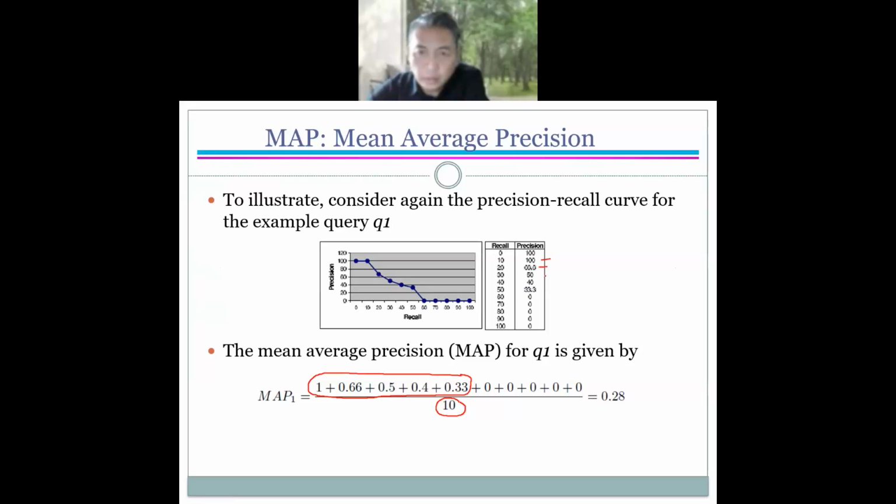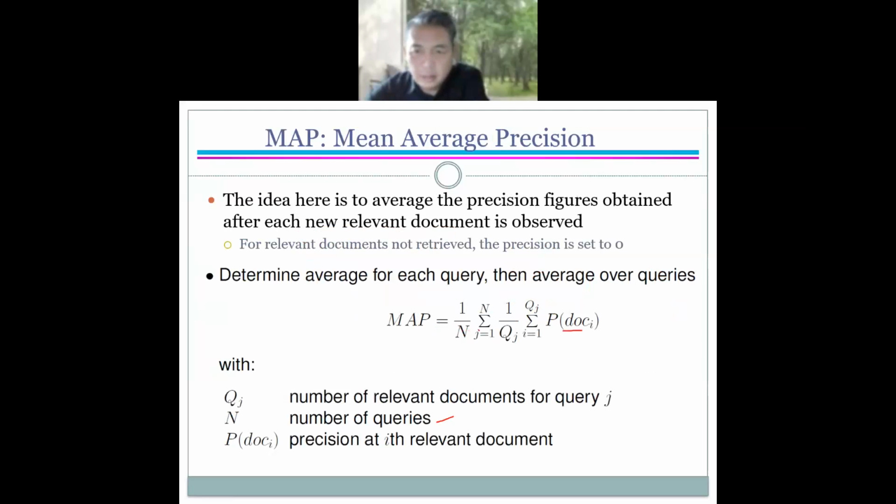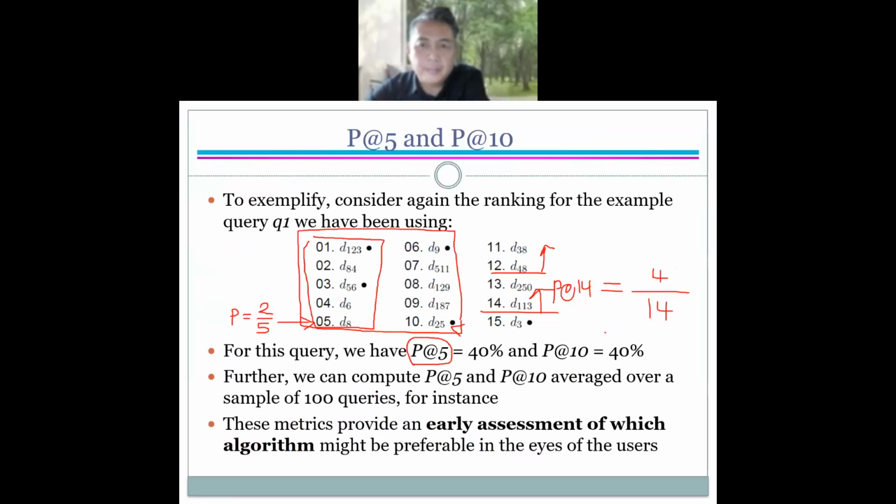1, 2, 3, 4, 5. So this is 1, this is 0.66 and so on. The formula here refers to precision, where the relevance is either 0 or 1.